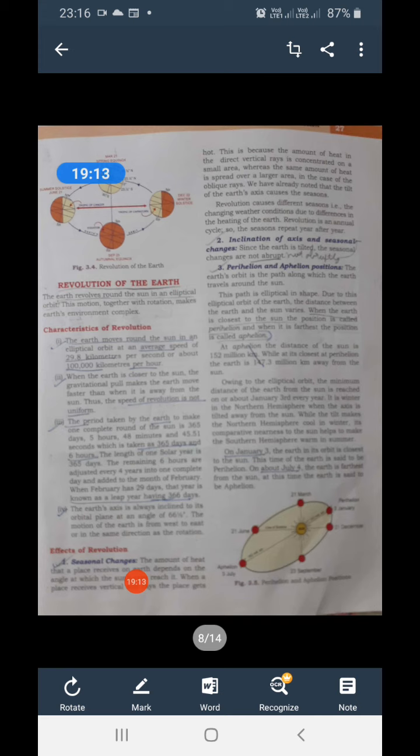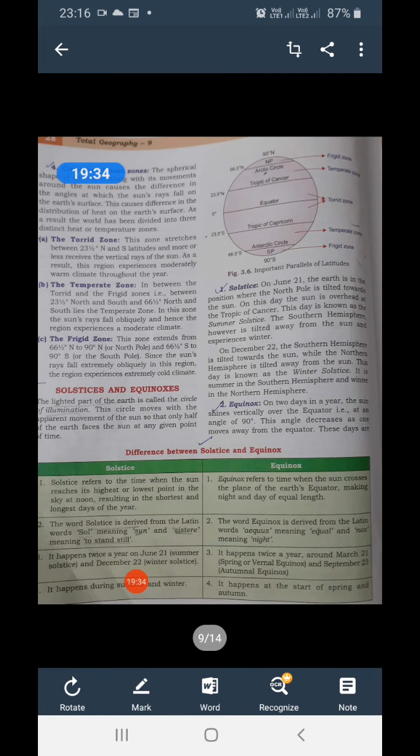So these are the two dates you must remember, and the position of the earth: on perihelion, which occurs on 3rd January, the sun is closest, and aphelion means away, the earth is farthest from the sun on July 3rd or 4th.